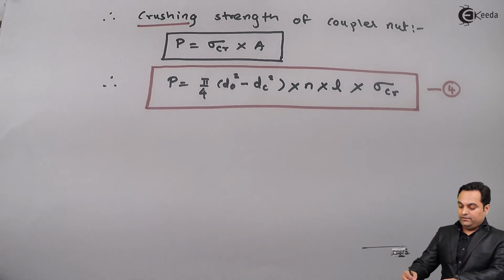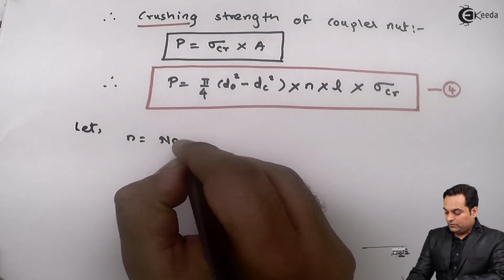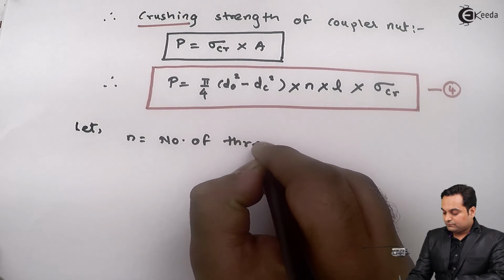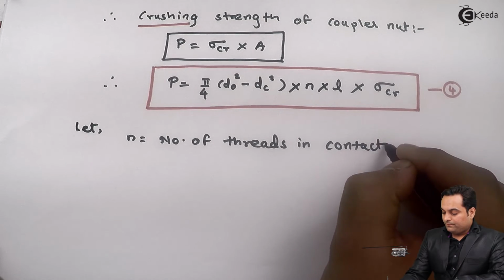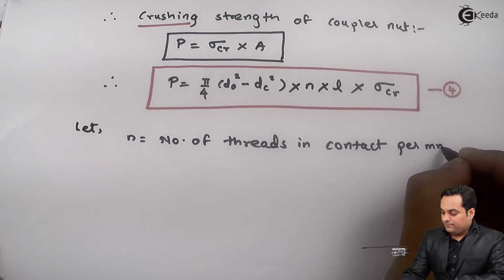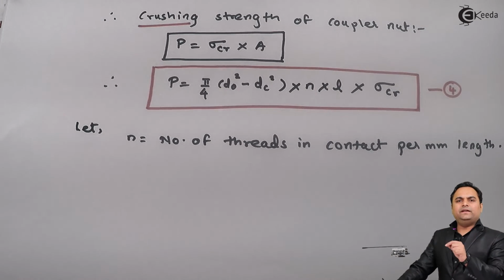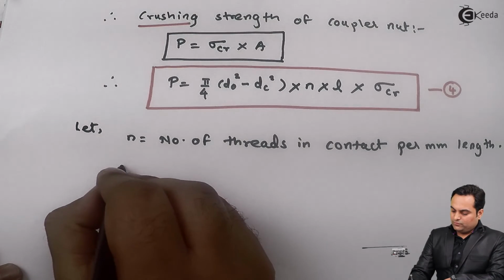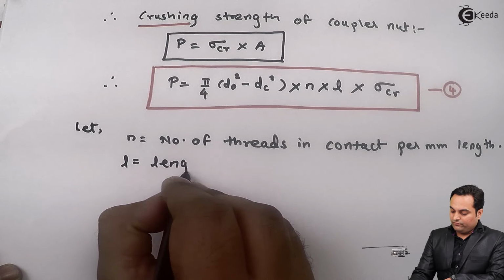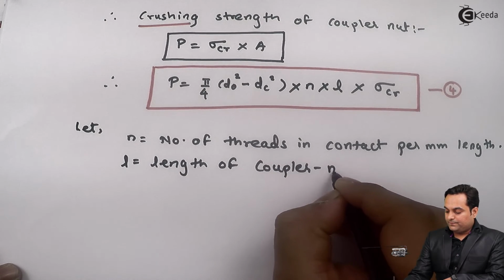Here I will say that let small n be the number of threads in contact per mm length. So, here I am denoting a term small n. It indicates the number of threads in contact for 1 mm length, that is the contact between screw and nut, and small l is nothing but the length of coupler nut.